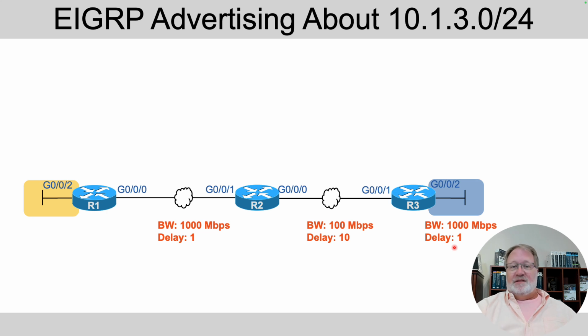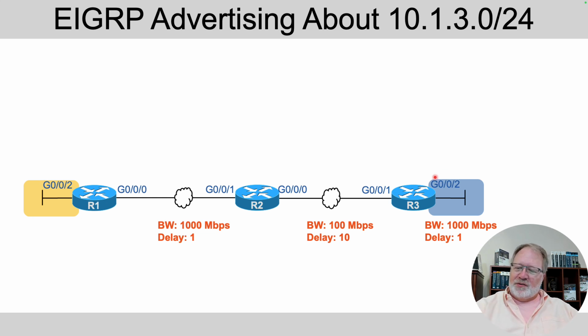They're software settings. You can set them so they're meaningful compared to the actual physical link speed, but they're software settings. And get this, the metric's going to be based on the minimum bandwidth in the route and the cumulative delay of all interfaces. So let me walk you through one to give you an idea.